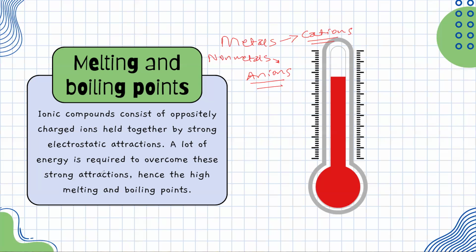And those forces that hold them together are called electrostatic attractions. So in order to overcome this energy that holds them together, that energy must be very high. That is why they have high melting and boiling points. So if somebody asks you why ionic compounds have high melting and boiling points, you simply say because of the strong electrostatic attraction between the ions in an ionic compound.